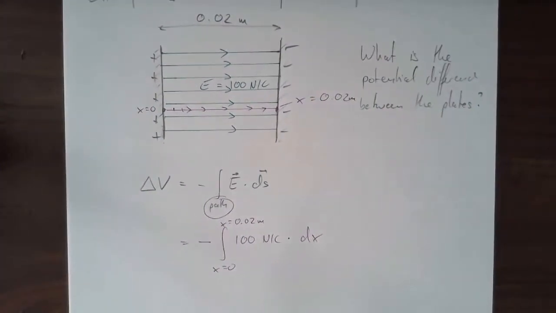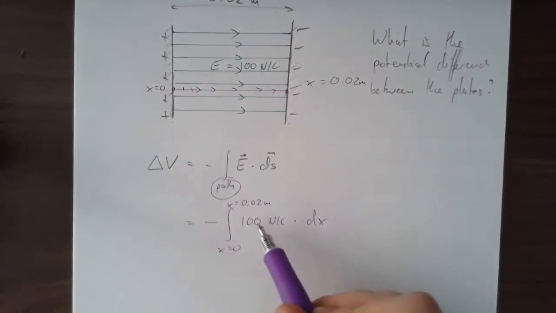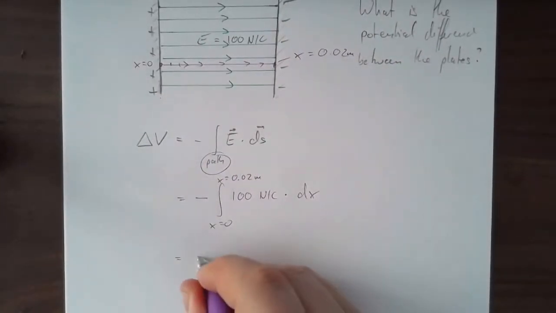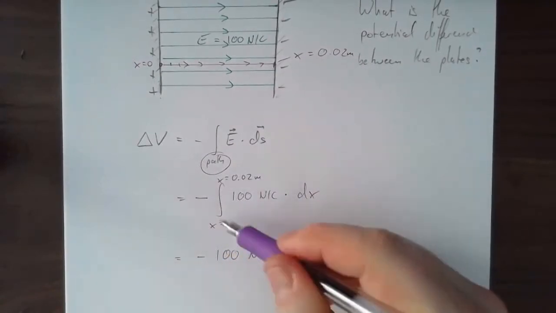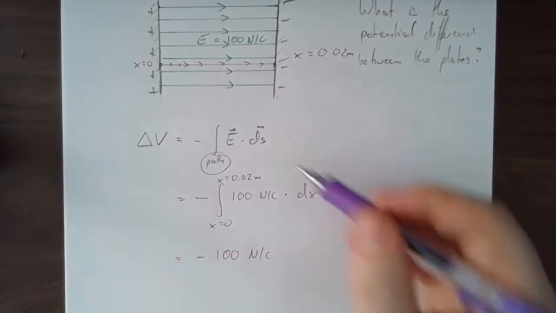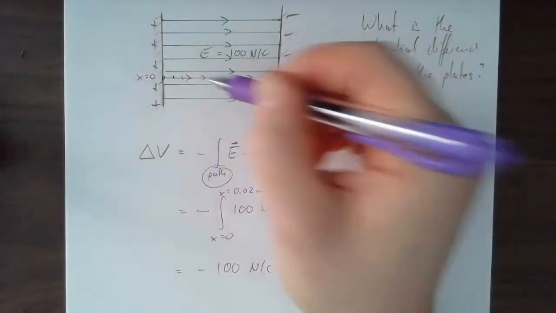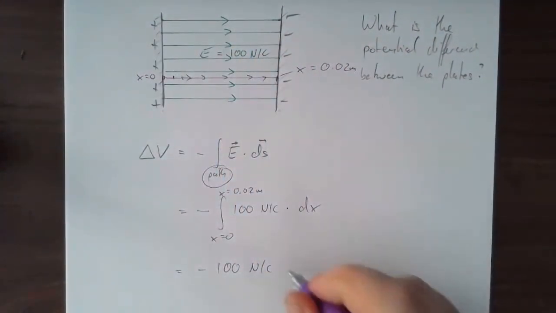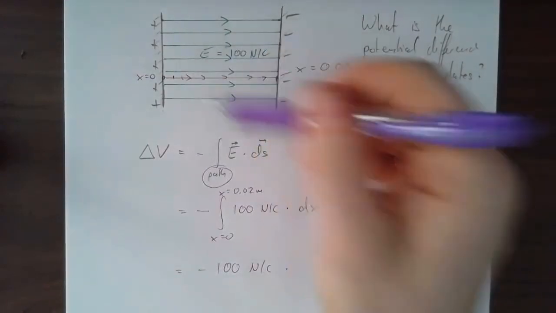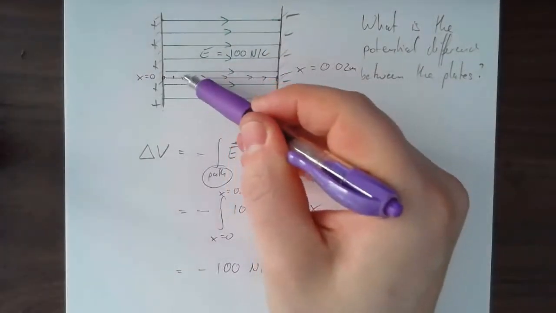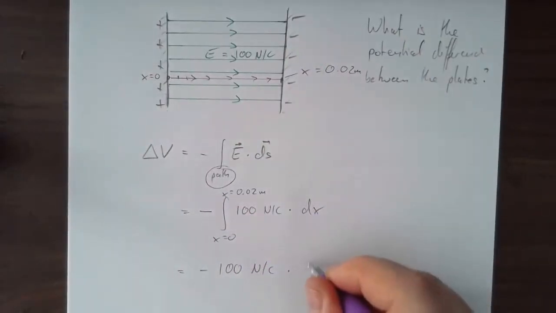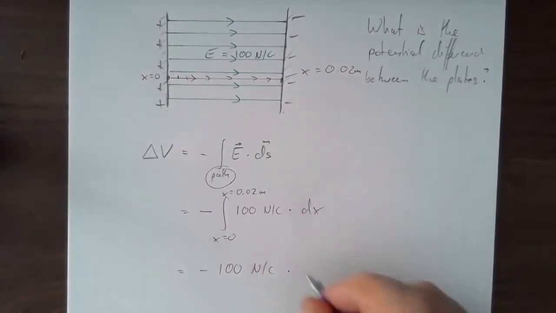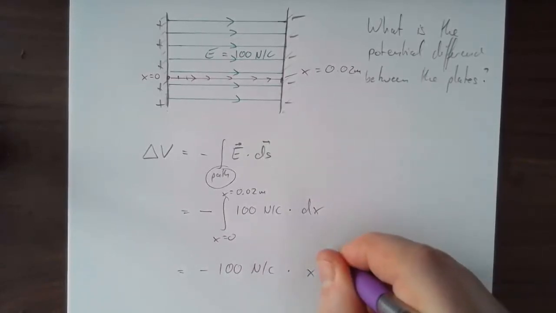Can we evaluate this integral? Yes, we can. It's very easy. This is just a constant. So I'm going to get minus 100 newtons per coulomb. It pops out front. Integral of dx is literally adding up the length of those steps. Well, dx integrates to x. So I could just literally understand what it means. I added length of steps. I get 0.02 meters. Or I can do it algebraically. 1 dx integrates to x between 0 and 0.02.